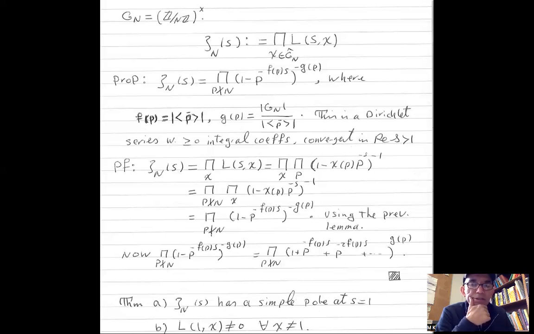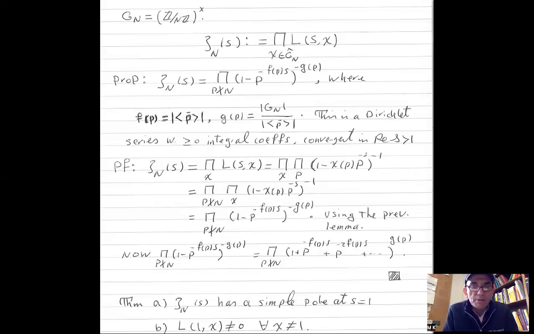And g of p is the index of this subgroup, so it's the order of Gn divided by the order of p. And moreover, this is very crucial, we want to see that this is a Dirichlet series with non-negative integral coefficients, which is convergent in real part of s bigger than 1.